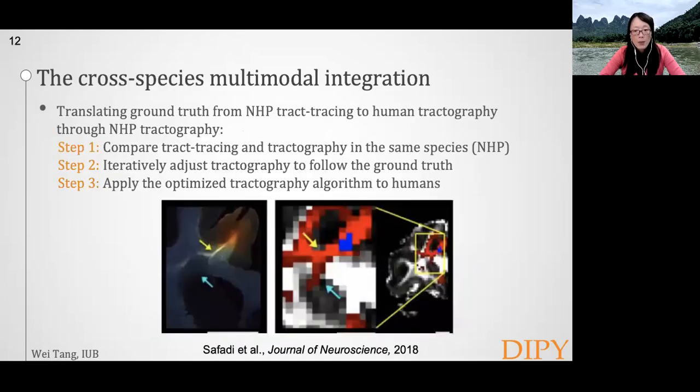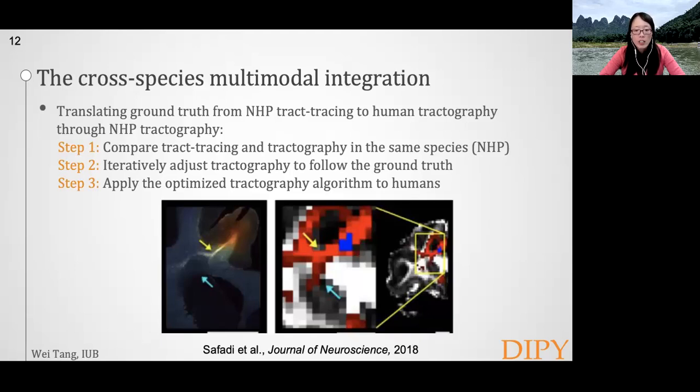Now, coming back to the question about how our knowledge from animal studies can help understand the human brain. The information provided by tract tracing is based on direct measurement of the fiber pathways. It can be treated as the ground truth. And non-human primates are the closest relatives to humans among experimental animals.